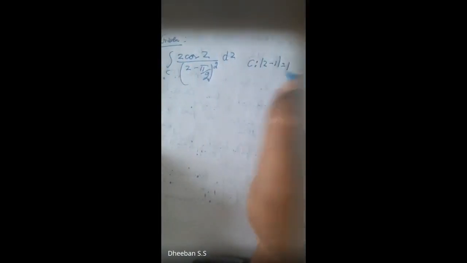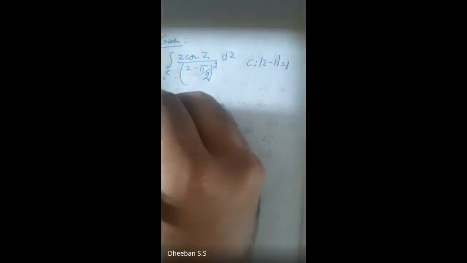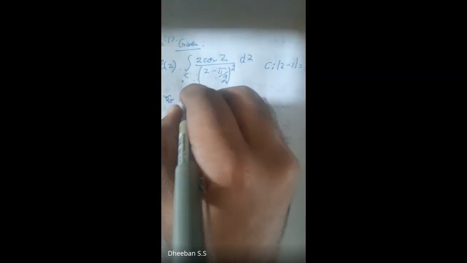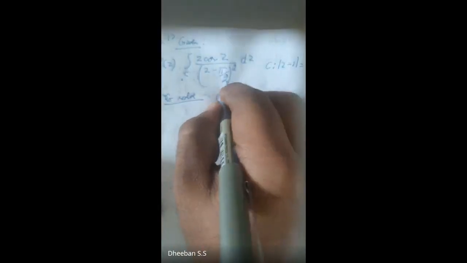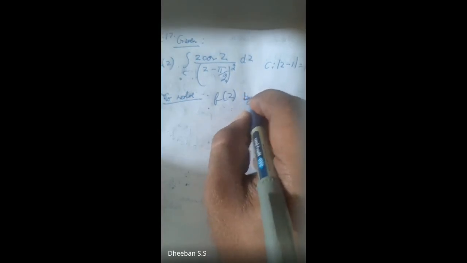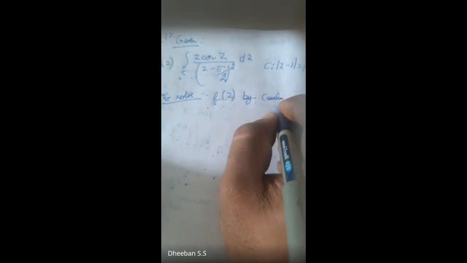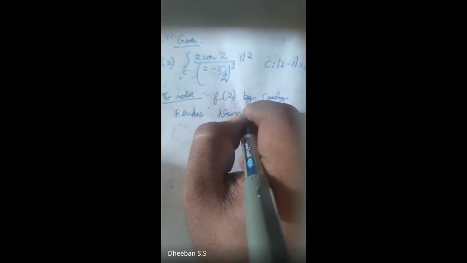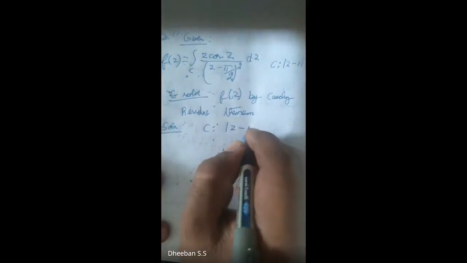So to solve, this will be your f of z. Solve f of z by your Cauchy residue theorem. Get into the solution. First, as I said, you have to define the contour. The contour here is given as z minus 1 equal to 1.